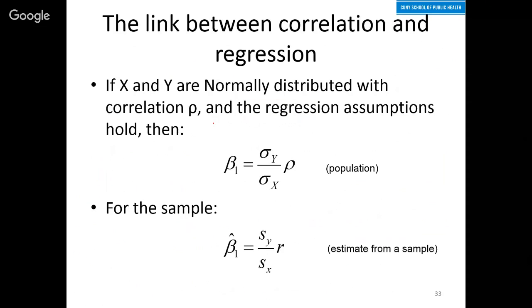The coefficients of linear regression are also linked to Pearson's correlation, and they're linked just by the ratio of the standard deviations of those two variables. So if you take your Pearson correlation and multiply by the ratio of standard deviation of y divided by the standard deviation of x, you get your regression coefficient.